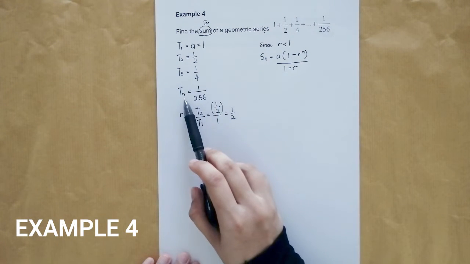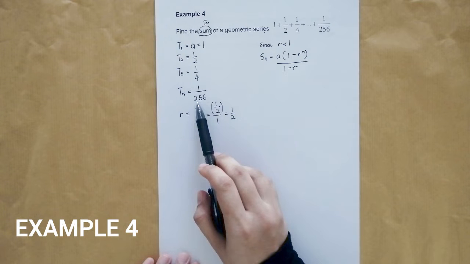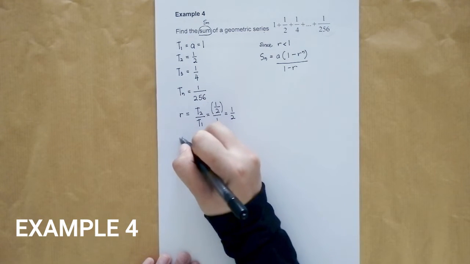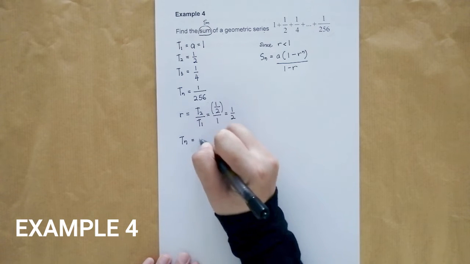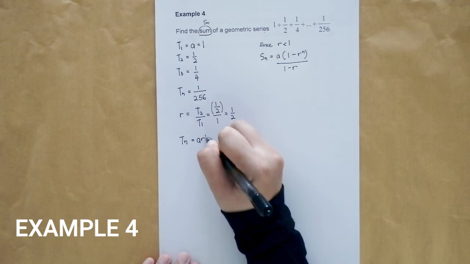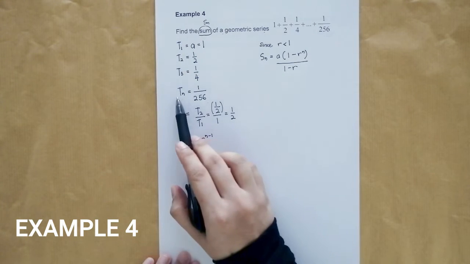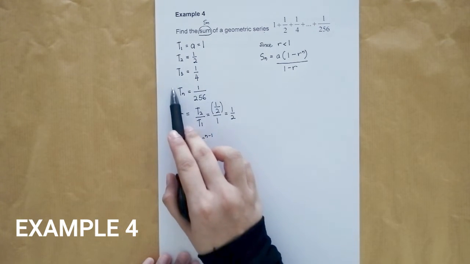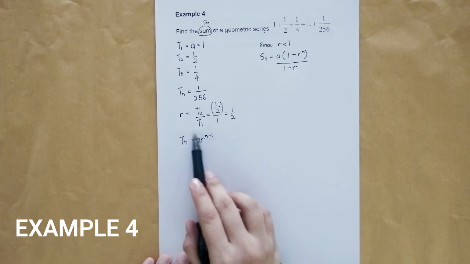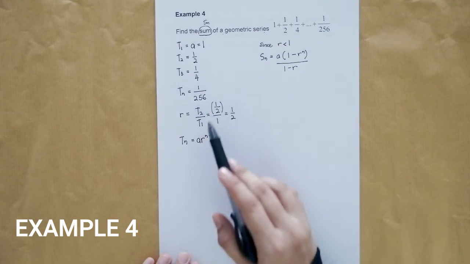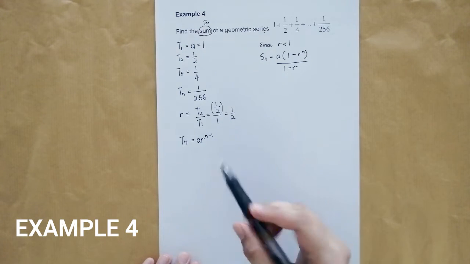Alright, Tn equal to 1 over 256, and the formula of Tn equal to AR to the power of n minus 1. Okay, we can substitute this information into the formula with the values of A as 1 and R as half.